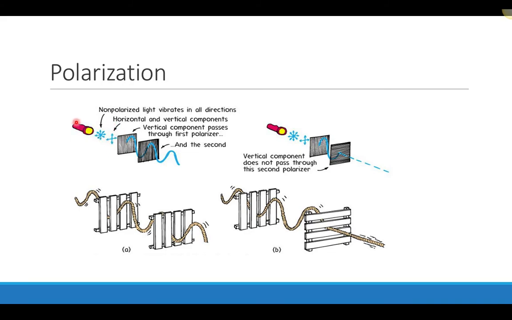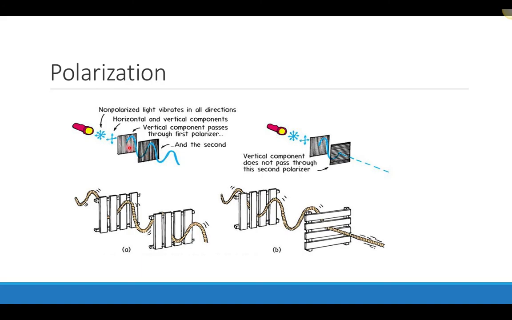If light that's not polarized passes through a polarizer, it takes away all of the light that's vibrating in one direction. Let's say I have a vertical polarizer: it takes all the horizontally polarized light away so that only the vertical light can pass through.